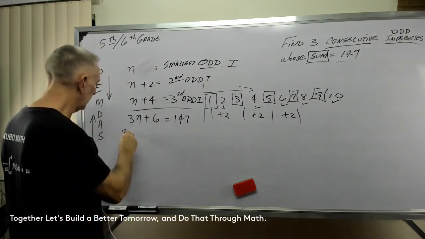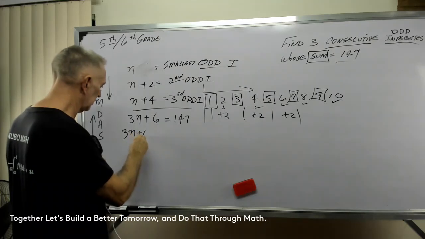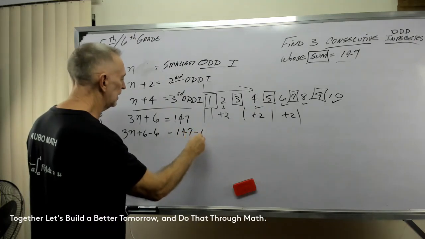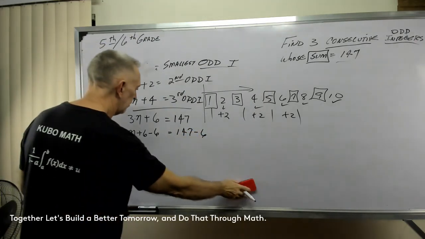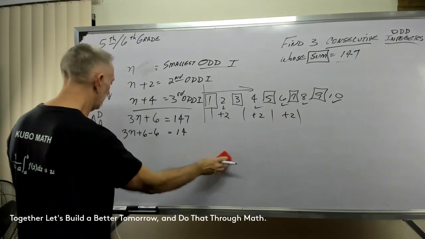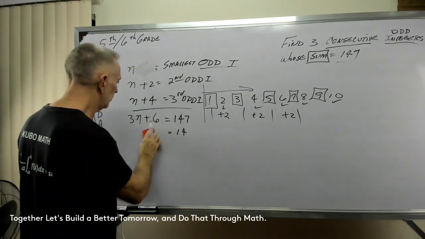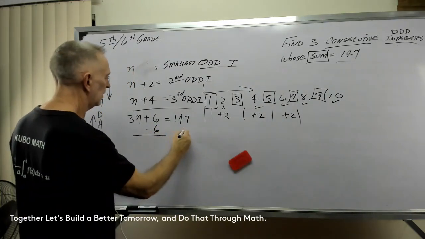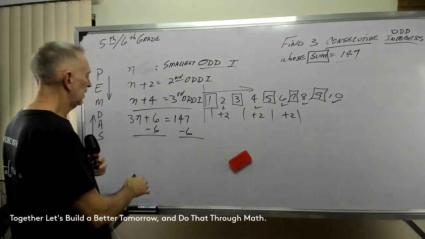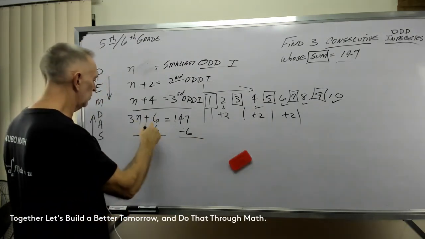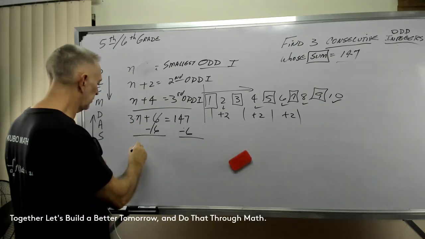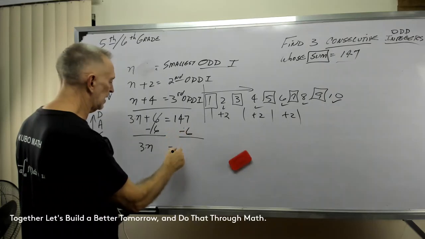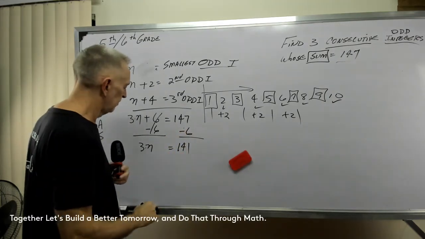So let's try that. 3 times n plus 6 minus 6 equals 147 minus 6. As a matter of fact, if I were to put those underneath, let me just do that. I'll just put it under here. How's that? Now 6 minus 6 is 0, so that is gone away. I'm left with 3n. 3 times n equals 147 minus 6 is 141.